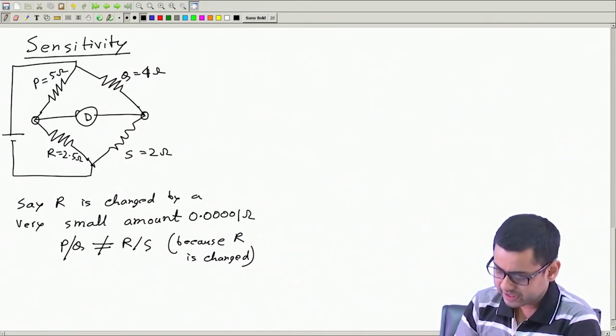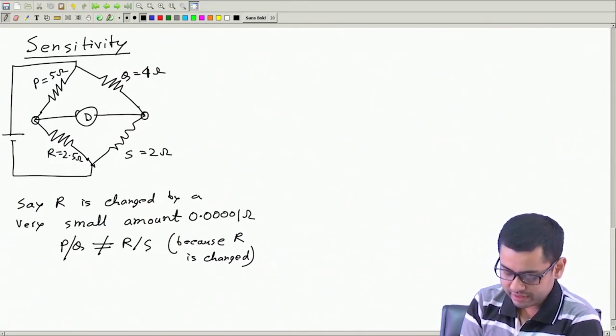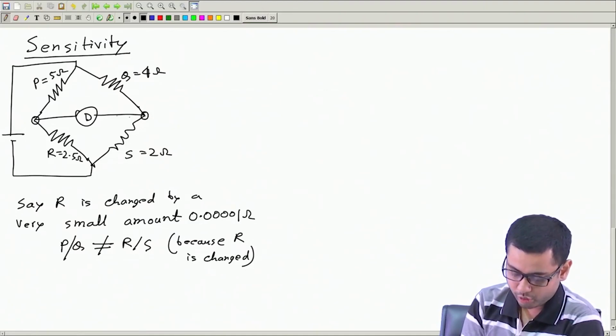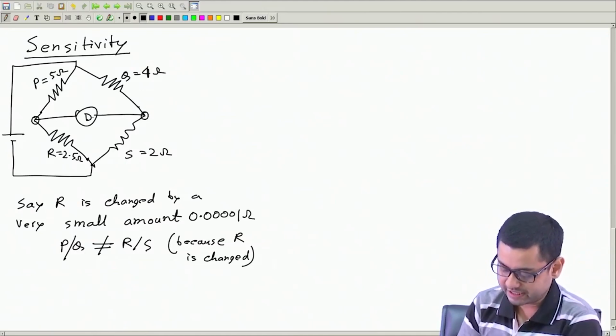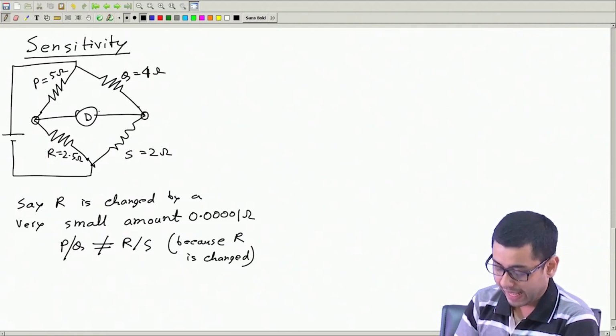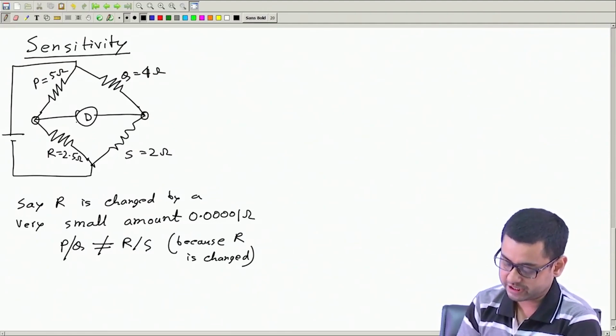But if this change is very small, then the change in potential between these 2 points will also be very small, and the current through this detector will also be very small, and we may not be able to observe that change.